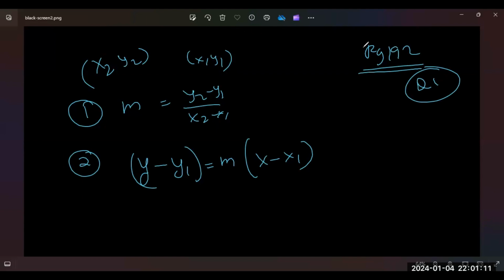Page 192, coordinate geometry. Abhishek, please read the first question. What is the equation of the line that passes through the points 4, 5 and 6, 9?